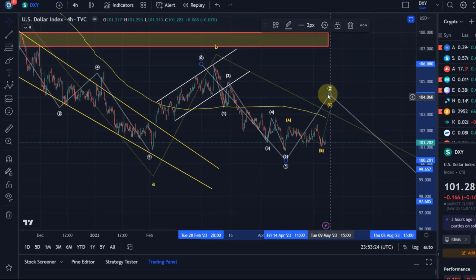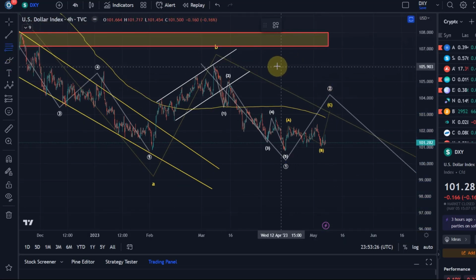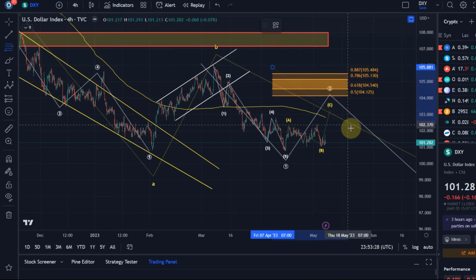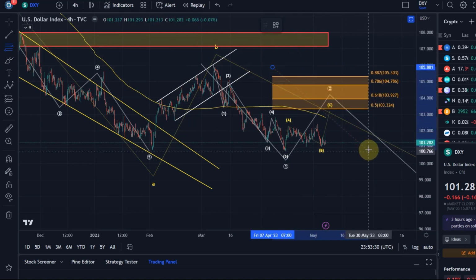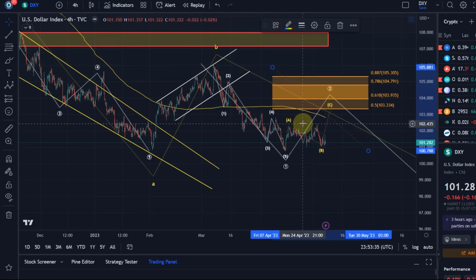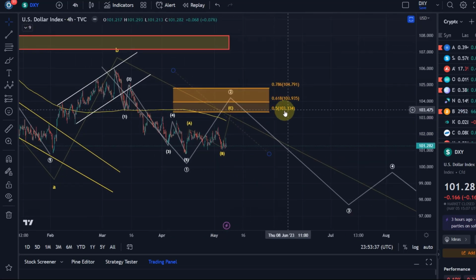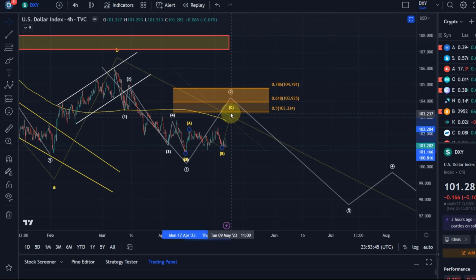Ideal retracement for this wave 2 pullback would be between the 50% retracement and the 78.6 retracement. So we're talking here about the area between $103.33 and $104.80. This would be the ideal target for a wave 2.